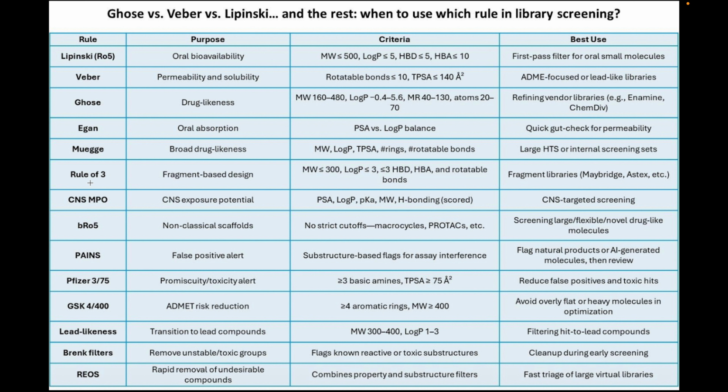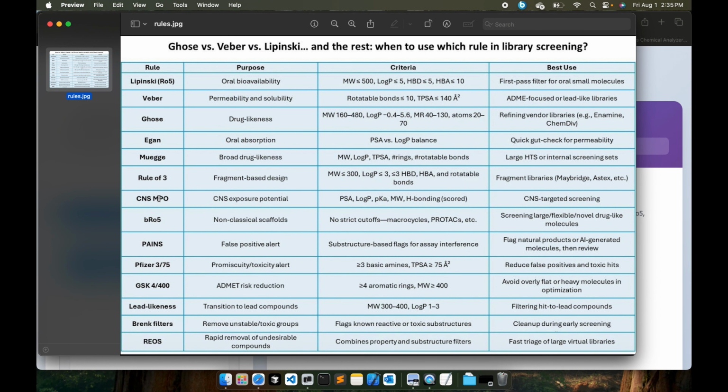There are 14 different types of rules. For instance, this is for oral, this is for permeability and solubility, this is for drug likeness, oral absorption, what are the properties and what are the criteria, and how it can be used for your library screening purposes. So this is the idea behind making this tool.